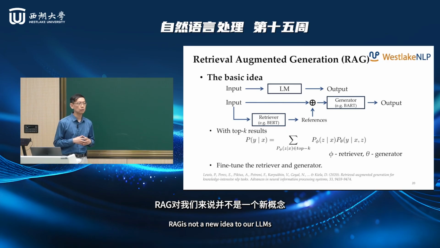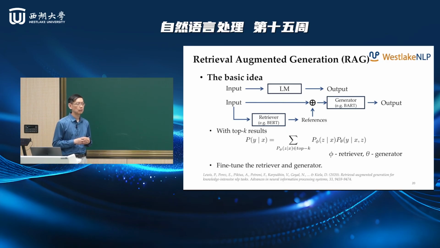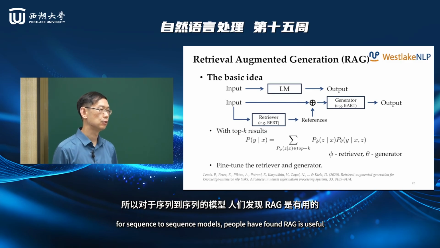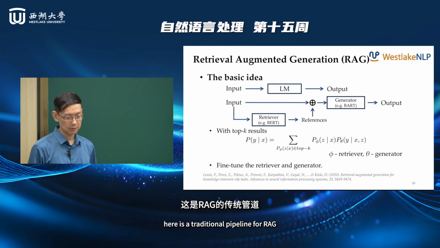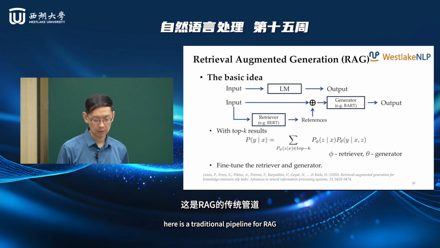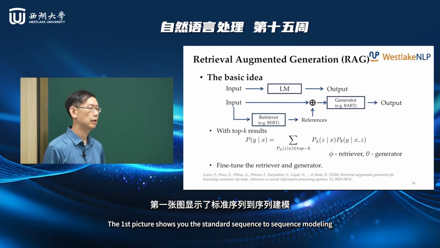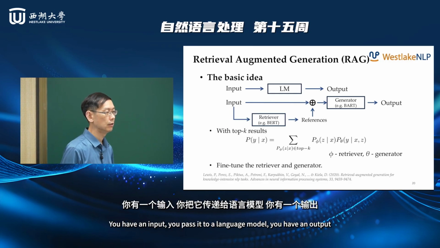RAG is not a new idea to LLMs. For sequence-to-sequence models, people have found RAG is useful. So here is a traditional pipeline for RAG. The first picture shows you the standard sequence-to-sequence modeling: you have an input, you pass it to a language model, you have an output.